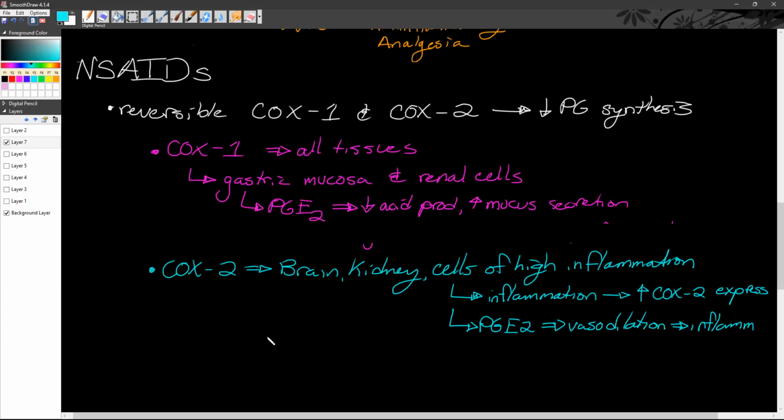The other effect that we see generally through the different prostaglandins that are produced, especially through PGE2, in the brain, is an increase in thermoregulation, an increase in body temperature.